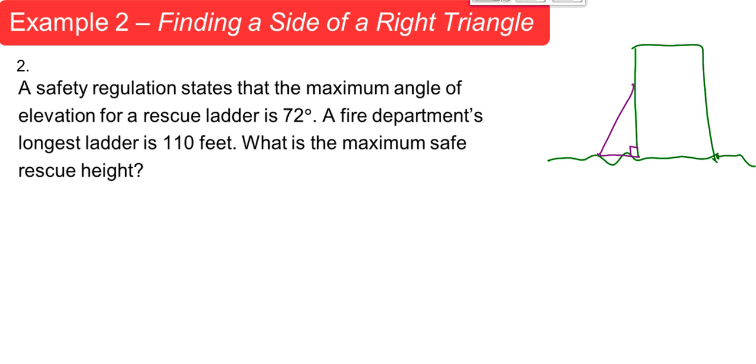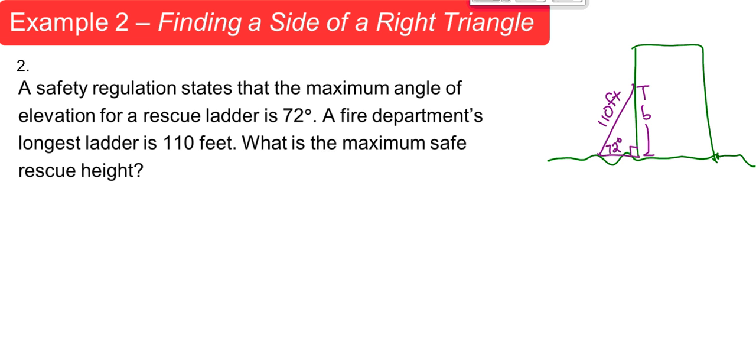So I get my little right triangle right there, and 72 degrees is that maximum angle. 110 feet is the length of the ladder, and then we want to find how high we can have that up the side of the building, so to speak. So pause it again, solve, and we'll compare.